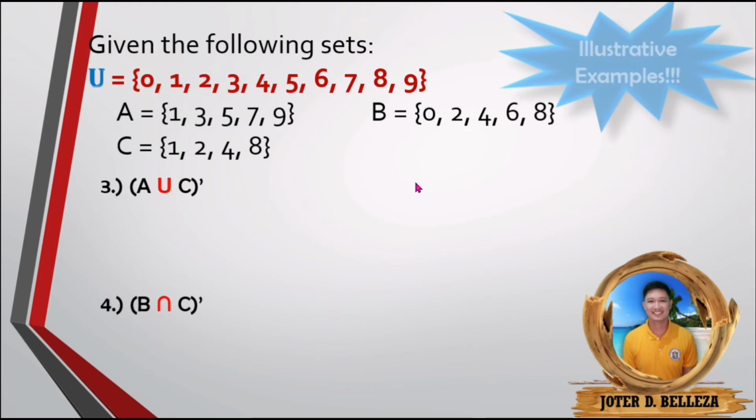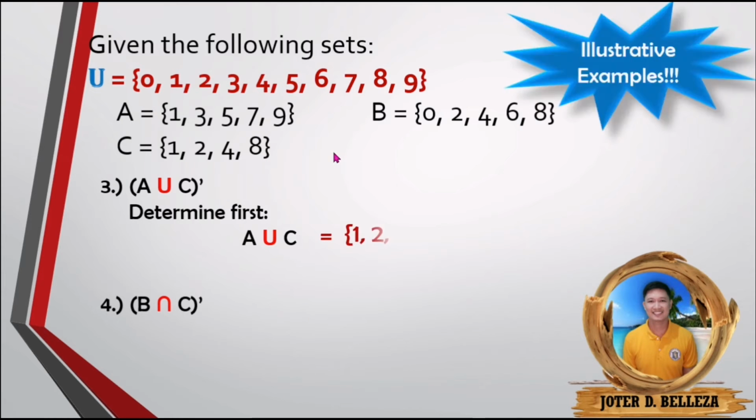So the first step to answer problem number 3 is to determine first the union of A and C. And that is a set containing all the elements of A and C, distinct elements, no repetition, right? So those are 1, 2, 3, 4, 5, 7, 8, and 9.